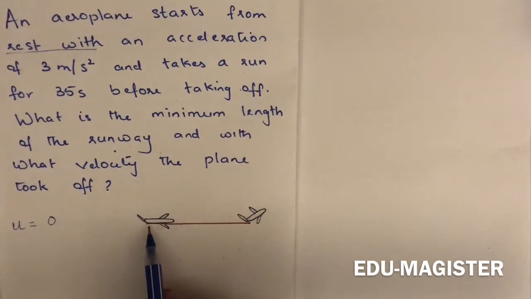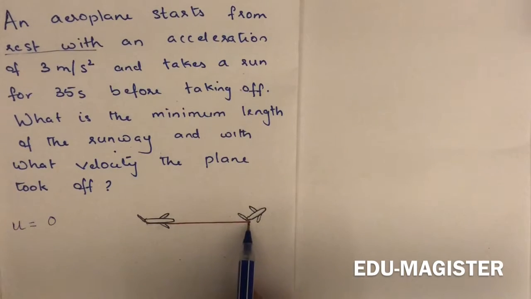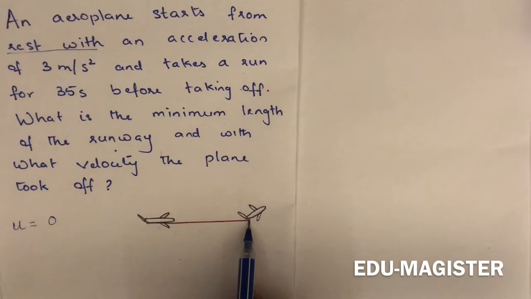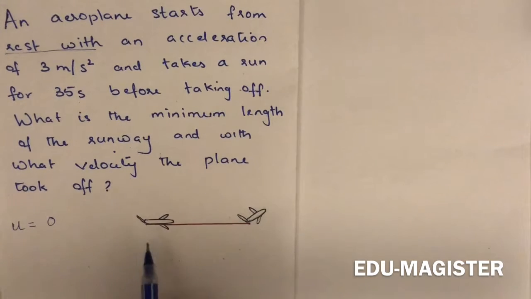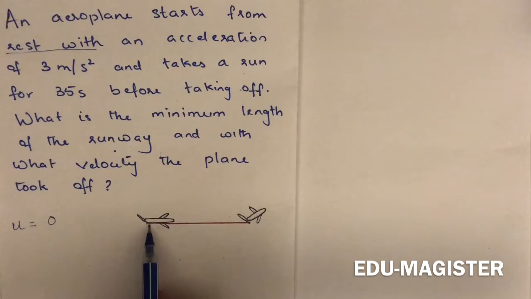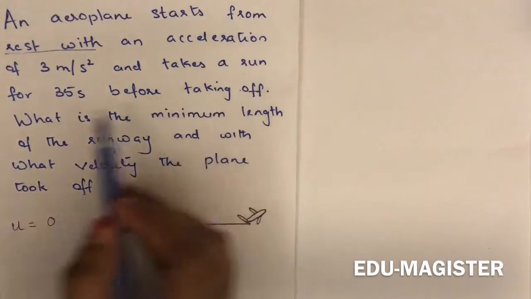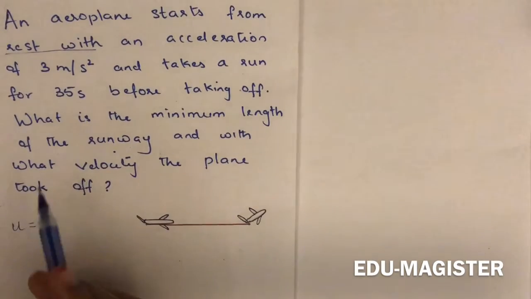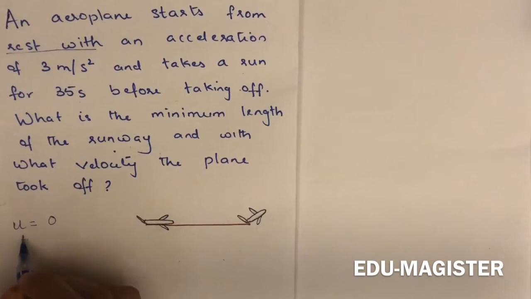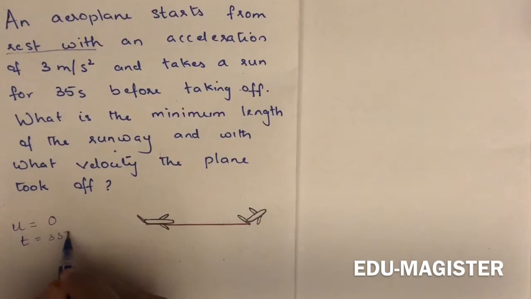So for example, if this red line represents the runway of the airport, then the aeroplane is moving for 35 seconds and then it is flying. So they have given the time t is equal to 35 seconds.